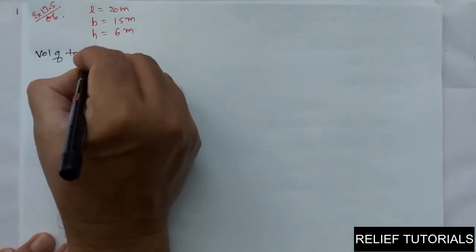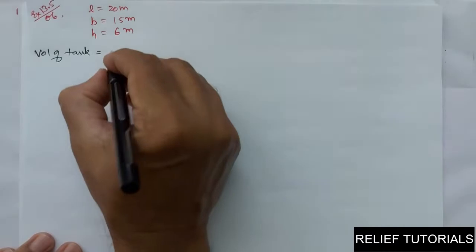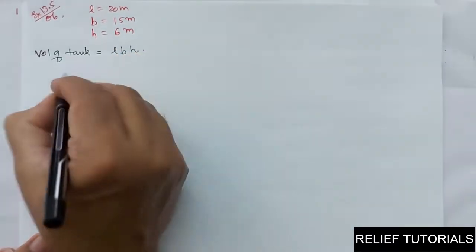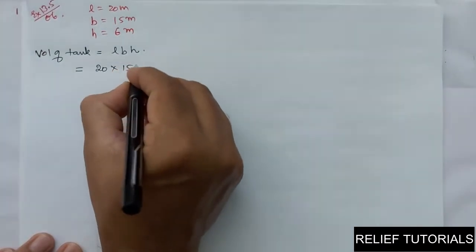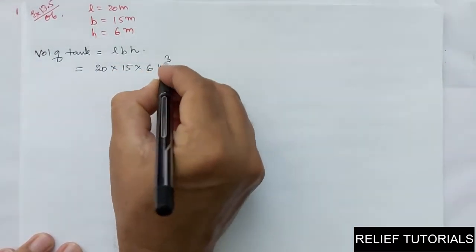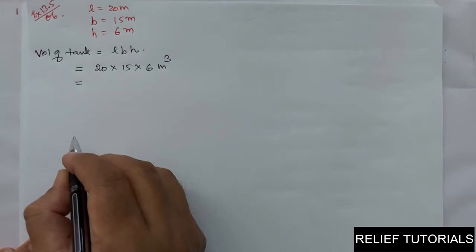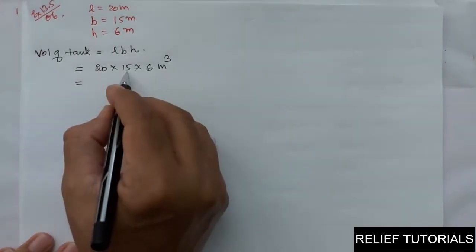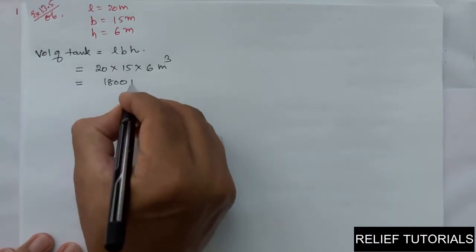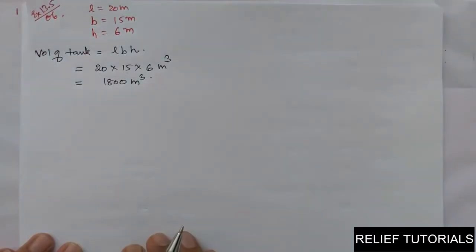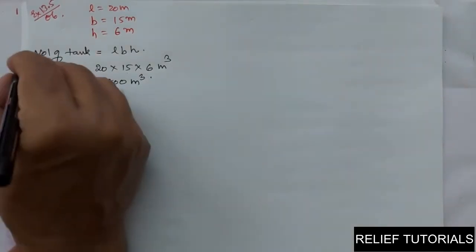Volume of tank. How much amount of water it can hold? So volume of a tank is LBH. So length 20, breadth 15, height 6 meter cube. Clear? So if you multiply this 20 into 15 into 6, you will get 1800 meter cube. This is the volume of the tank.